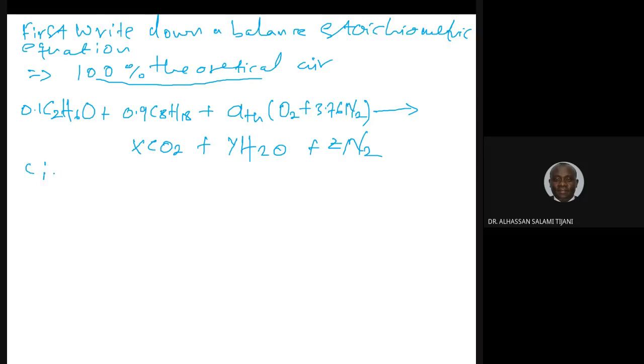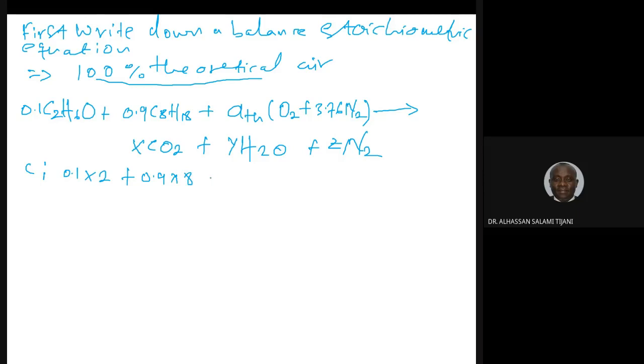For carbon, for the ethane we have 0.1 times 2 atoms of carbon, plus 0.9 times 8.